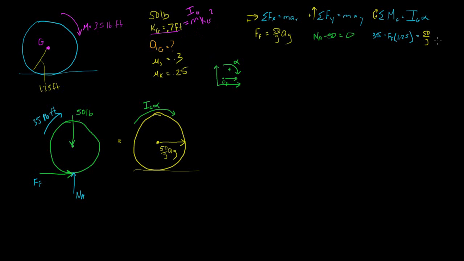So our radius of gyration is 0.7 feet, so 0.7 squared times alpha.